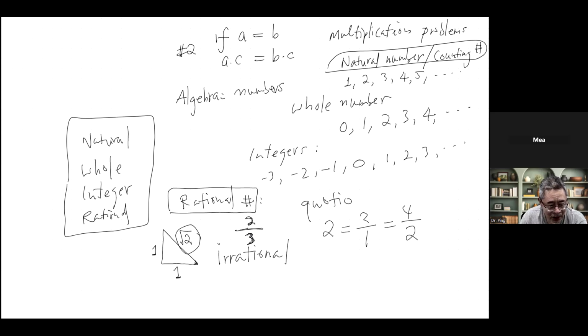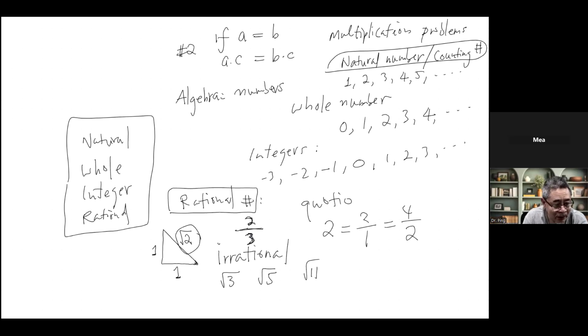Well, it turns out that we have plenty of irrational numbers. So the square root of 3 is irrational, the square root of 5 is irrational, and the square root of say 11 is irrational. Actually, we have a lot of irrational numbers.